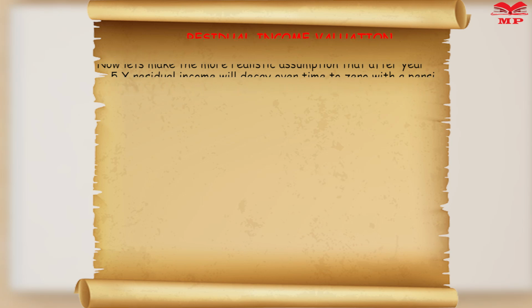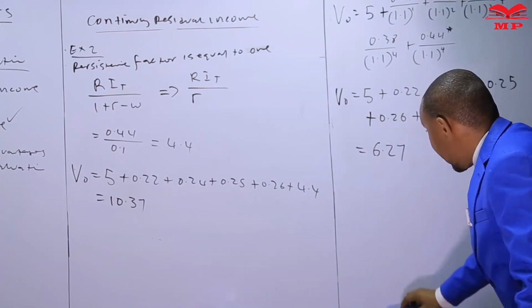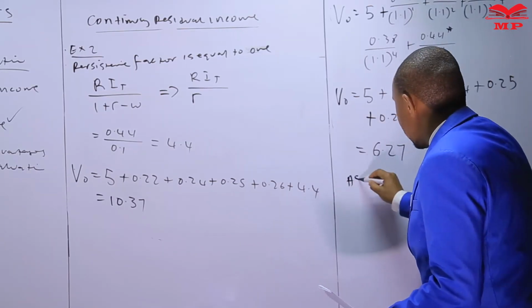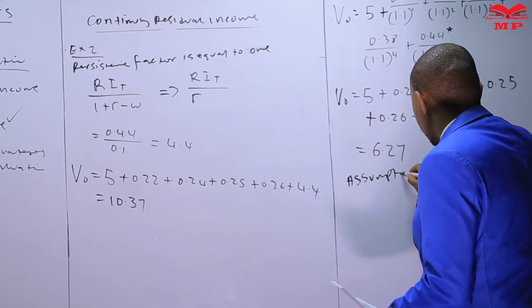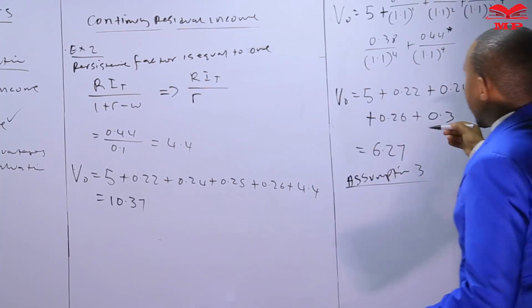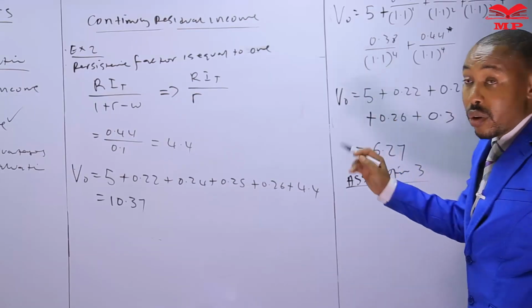I might not want to wrap this value over here because these are the values that we actually need over here. So what are we saying under assumption 3? That the persistence factor will remain between 0 and 1.